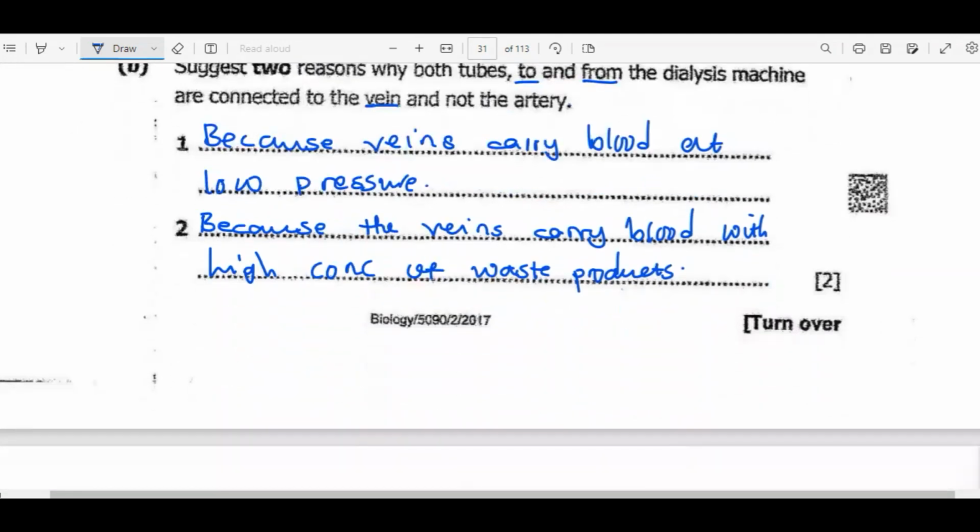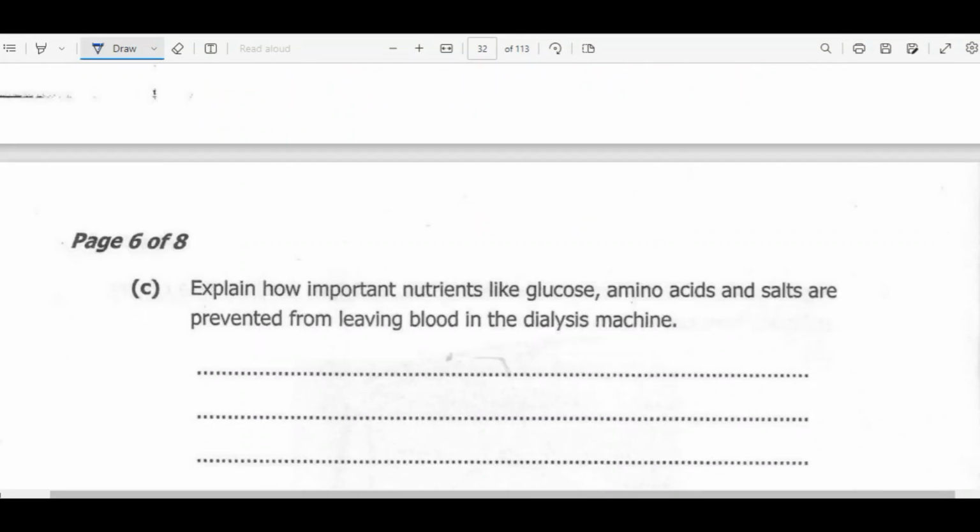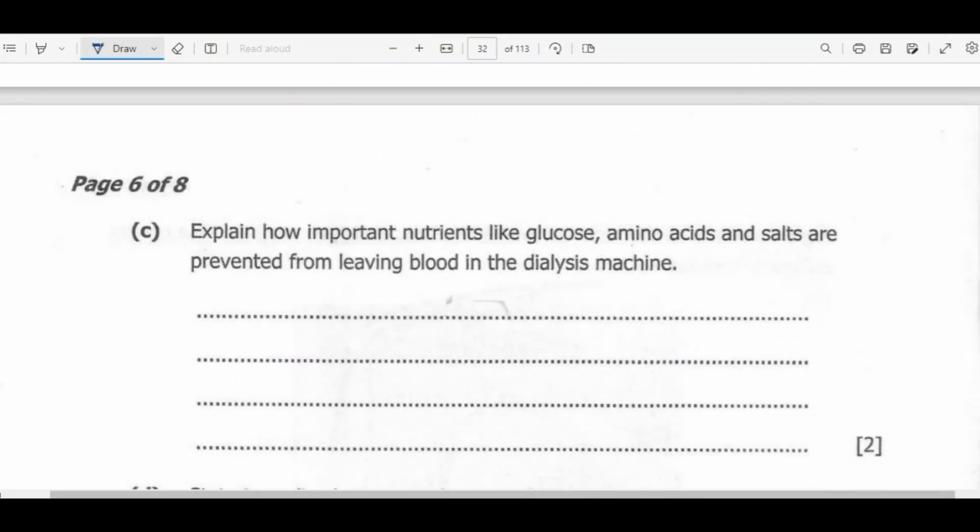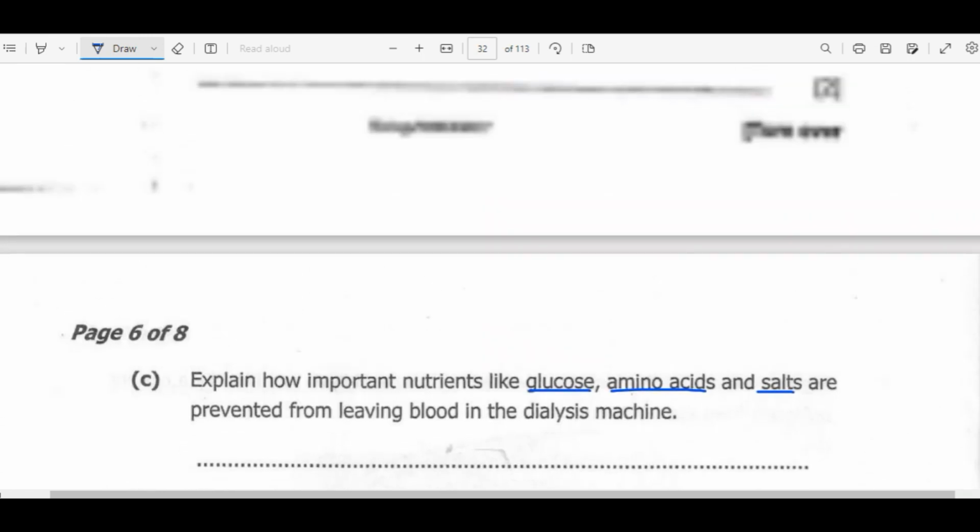Right, we move on to question C. Explain how important nutrients like glucose, amino acids, and salts are prevented from leaving blood in the dialysis machine, right? So let's go back to this.